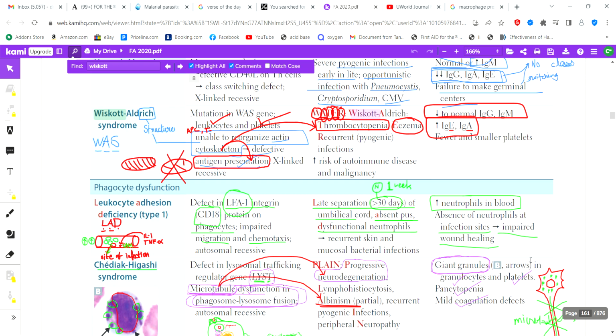So you have pus infections, pyogenic infections, because you have defective APC and platelets and T cells. So you have thrombocytopenia, eczema, and recurrent pus infections. There is increased IgE and IgA. You have to remember that.